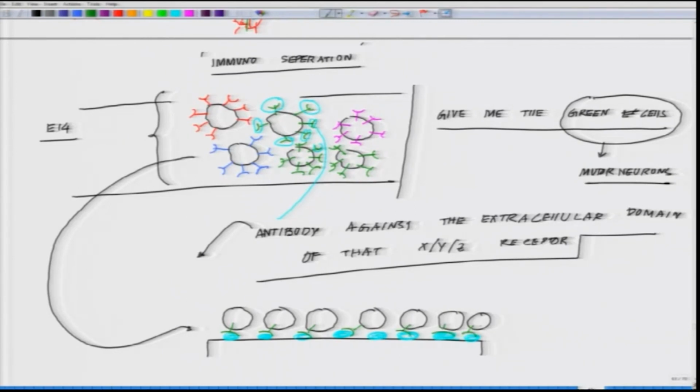And other cells, which are the red cells, blue cells, pink cells, they all will be moved out because they do not have an attaching antibody to it. Right?